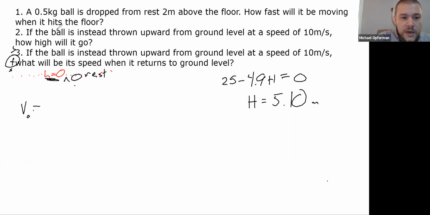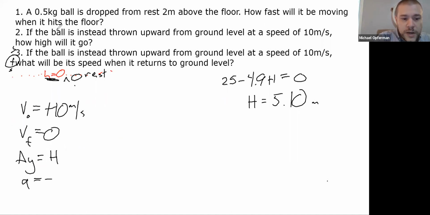Initial velocity is positive 10. Final velocity is 0. Delta y is h. That's my unknown. I have gravitational acceleration, so acceleration is minus 9.8.